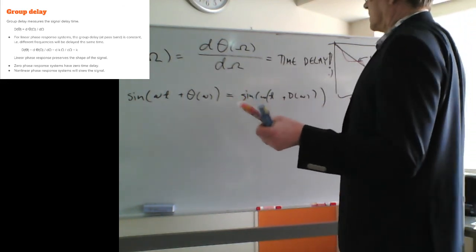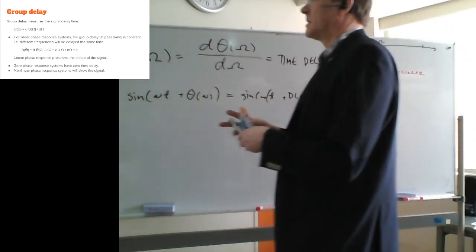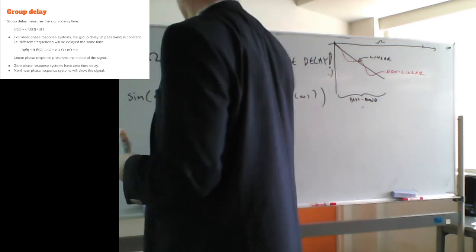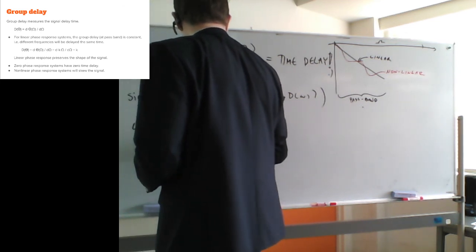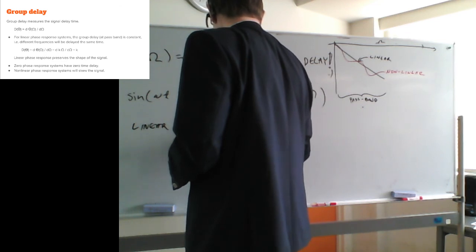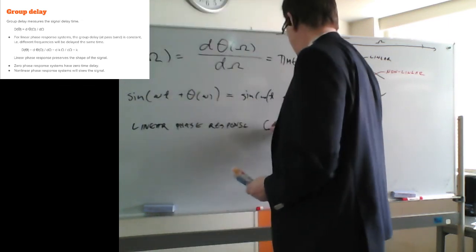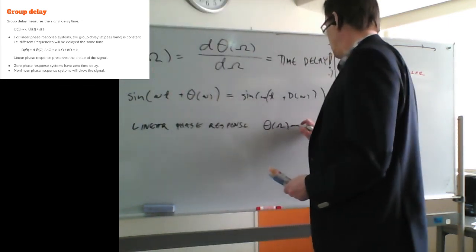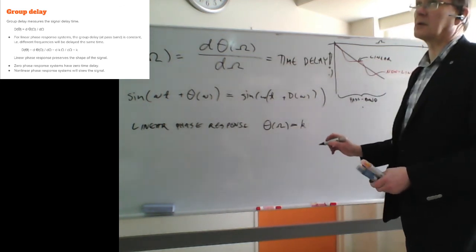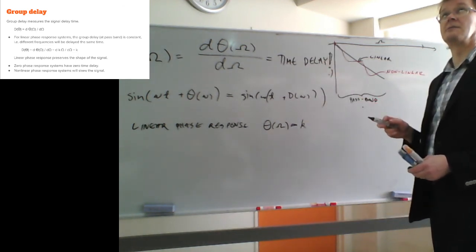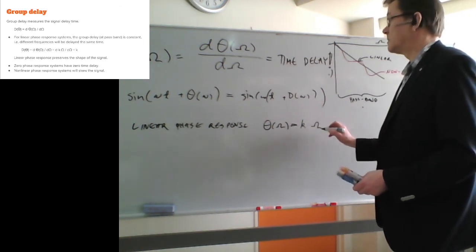Okay. So what happens if we have the linear phase response? Linear phase response actually means that the phase response is in the form theta of omega equals, as in here, just a scaling factor k, angle k times omega.